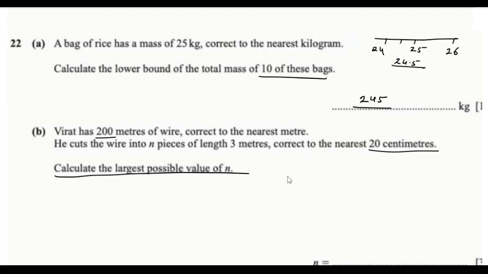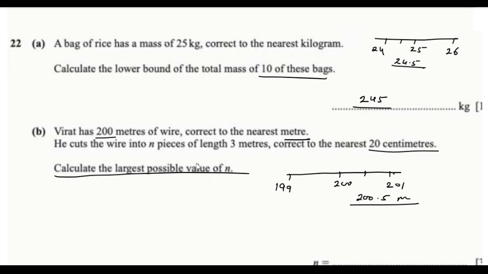So for the largest possible value of n, first of all this 200, here it is 201. As your wire is correct up to the nearest meter, first I will find the upper bound of this 200, which is going to be 200.5 meter, 0.5 meter, right? Now I will cut this into n pieces of length 3 meter.